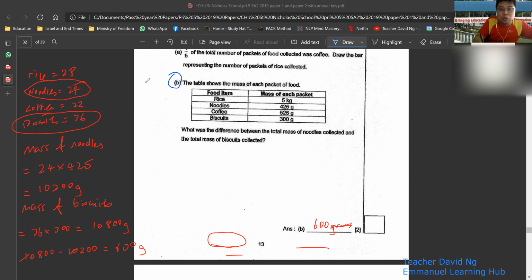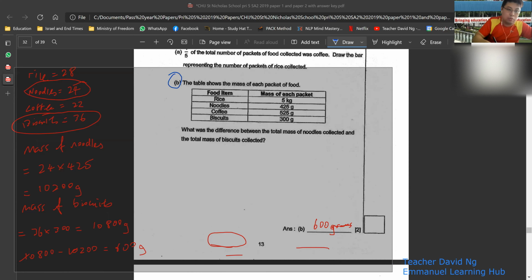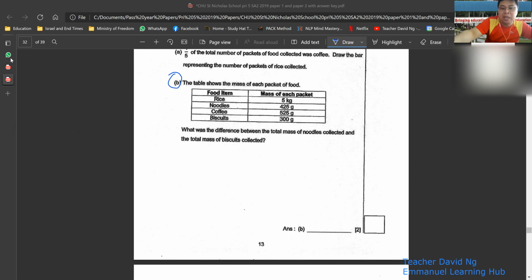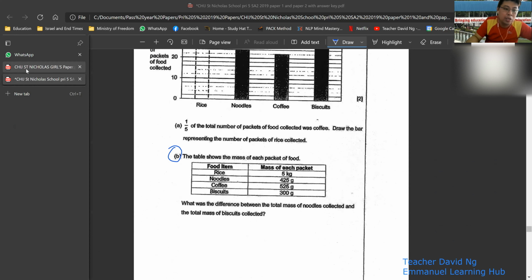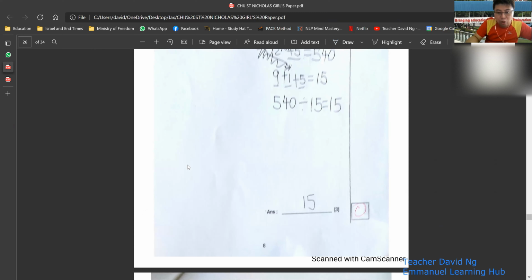Okay, how come this one you got it wrong? Let's investigate. Because I believe your caliber shouldn't get this question wrong. This is question 14B. What happened to your 14B?